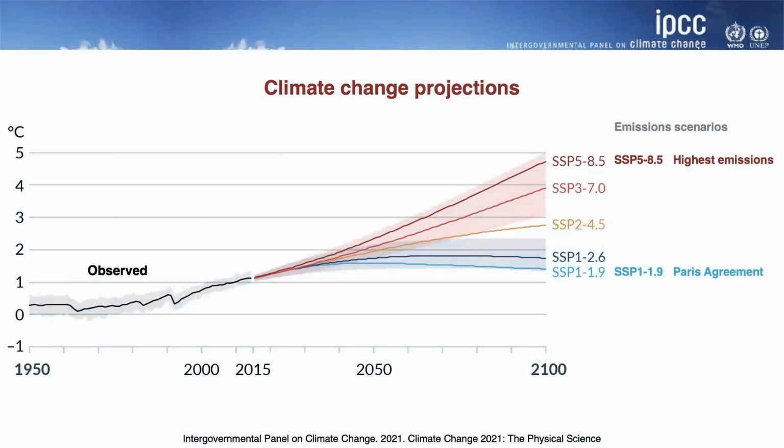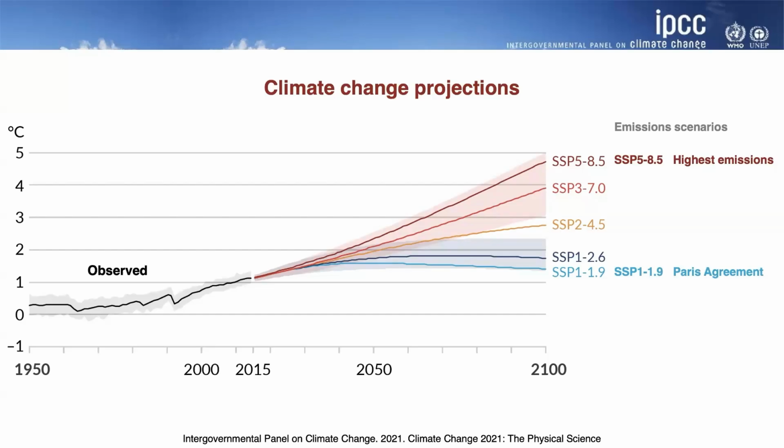And to do this, climate change scientists, we use projections of the future emissions scenarios that have been developed by the IPCC. And the black line here is observed temperature changes. And this is about the present going back. And then the colored lines are 5 different emission scenarios.